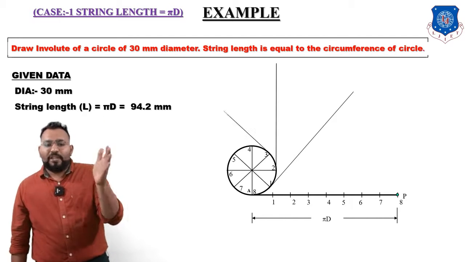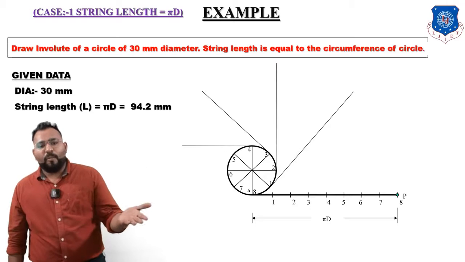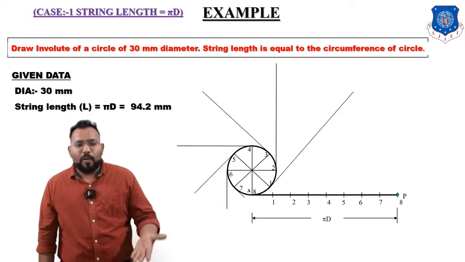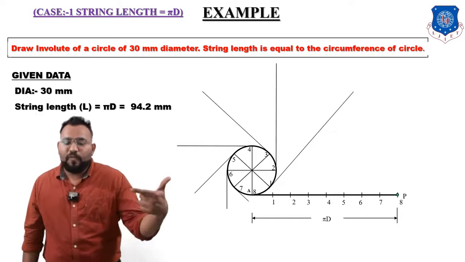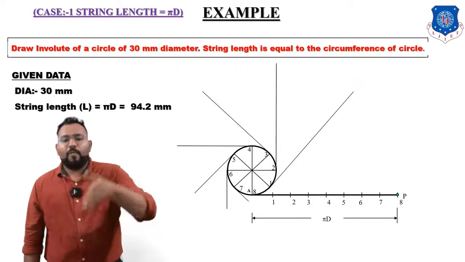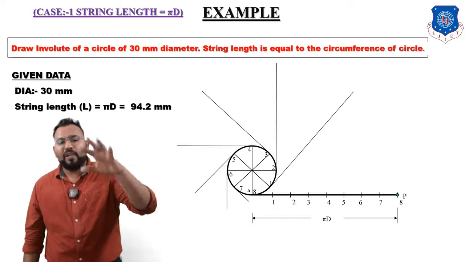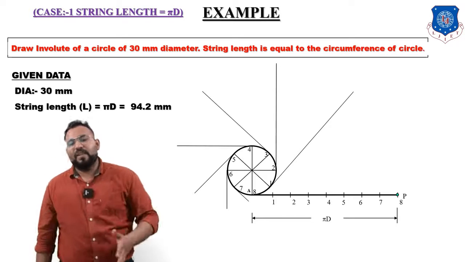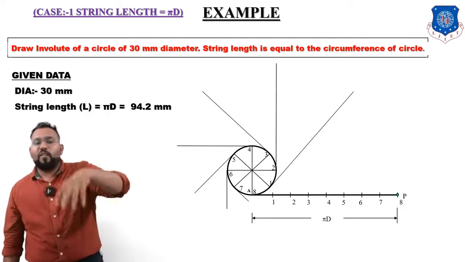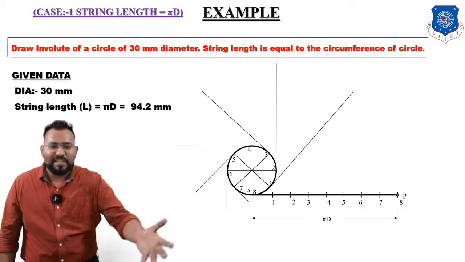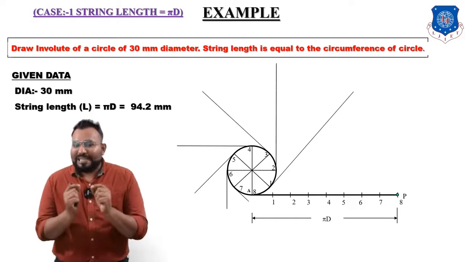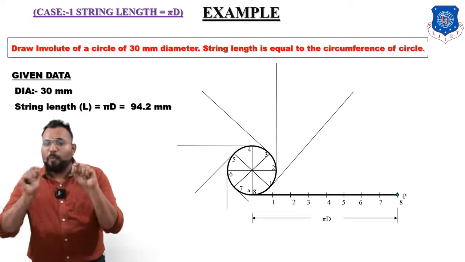Same way from point 3 on circle draw a tangent, from point 4, from point 5, from point 6, from point 7, and when you draw a tangent from point 8 it will become the string itself. So from point 1 to 8 on a circle we have drawn tangents of any random length just like this. Now take a distance equal to 1 to P on a string.